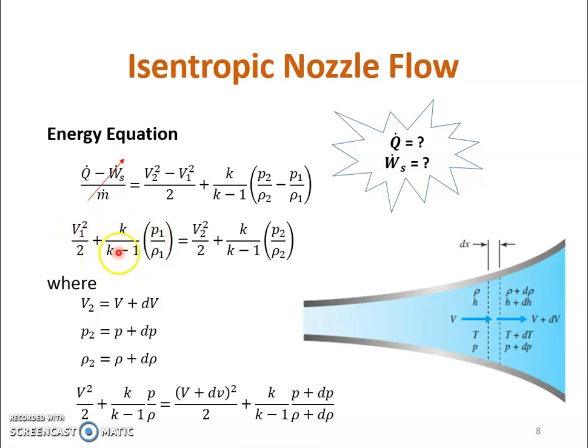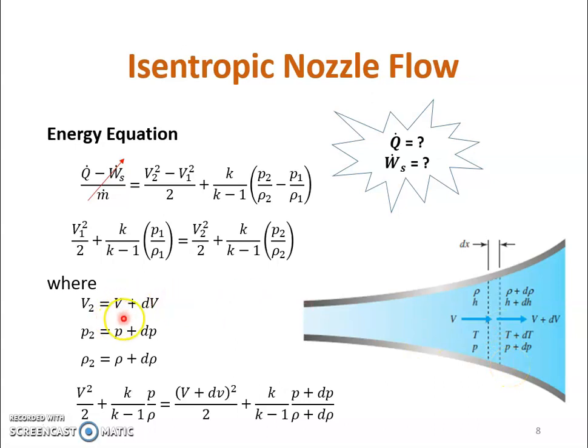This is at point 1. All the properties at point 1, the velocity, the pressure, and also the density, are at the inlet. And then this is the property at the outlet, at section 2 of this control volume. We redefine or express V2 in terms of V plus the dV, to suit whatever can change after the flow goes out from this control volume.